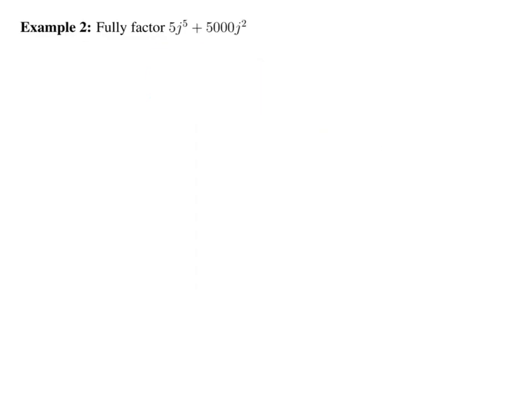That's one idea. Here's the next one. Lots of 5s, lots of j's. This one has a common factor, so we'll want to start with the common factor, and it's 5j squared, because that can be divided evenly into each term. Now, looking at the j cubed plus 1,000 in the parentheses, you're like, that's a cubed thing, and yeah, 10 cubed, with a plus, there's a pattern for that.